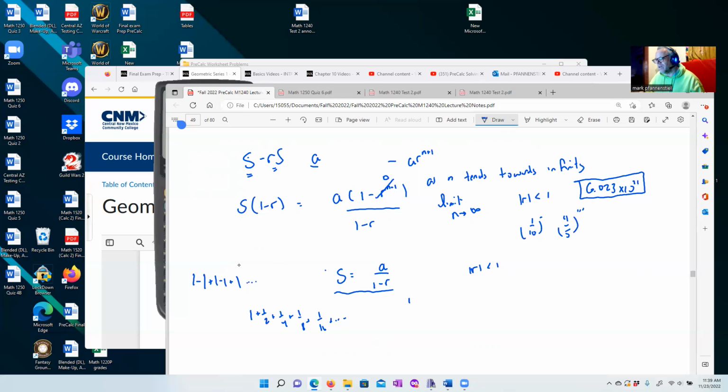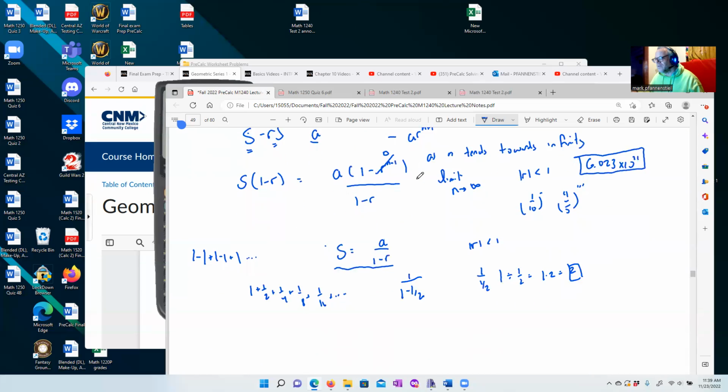So it's 1 over 1 minus 1/2. That's right, 2 halves minus 1/2, that's 1 over 1/2. 1 divided by 1/2 is equal to 1 times 2. We end up with 2. So that one works out just fine.